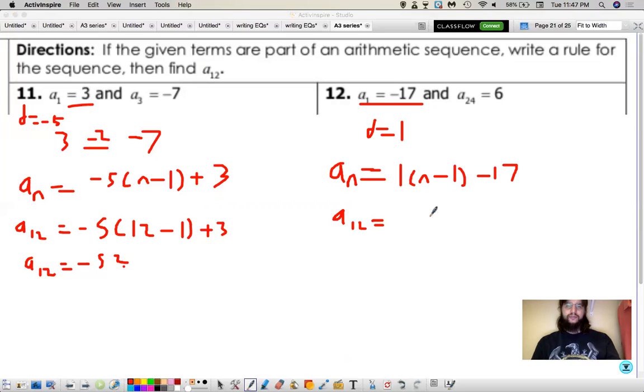Wonderful. That did take a little bit of thinking there. If you have to do this, just see where you ended up, where you started, subtract that, see how much you actually moved, and divide it by the number of spaces, which you just subtract. 24 minus 1, there's 23 spaces between 1 and 24.